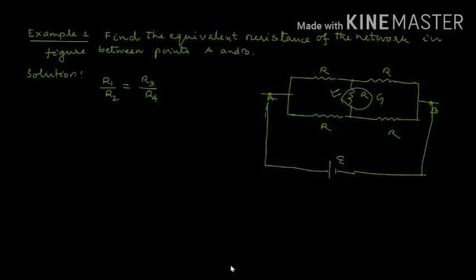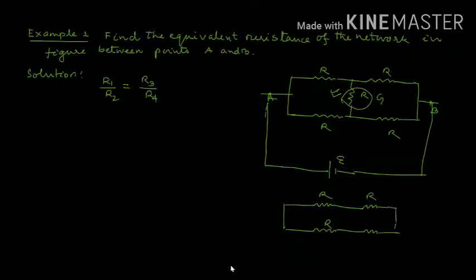Then the circuit is equivalent to this figure. This is R, this is R, R, R. Now R and R in the upper path are in series, and also in the lower path, they are in series. So this is equivalent to the sum of R and R, that is 2R.